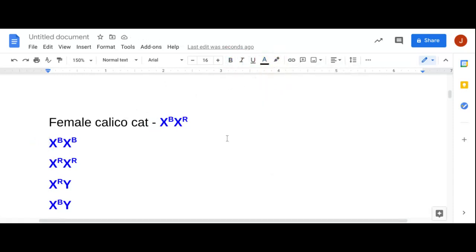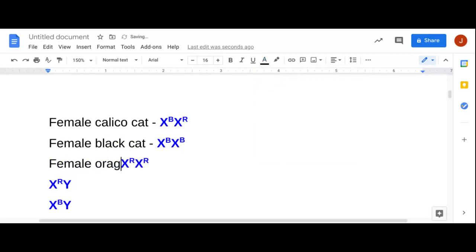Our next one here, we have big B, big B. So again, this is going to be a female black cat. Two R's, which means this is a female orange cat.